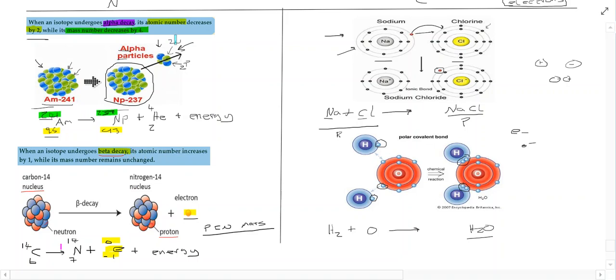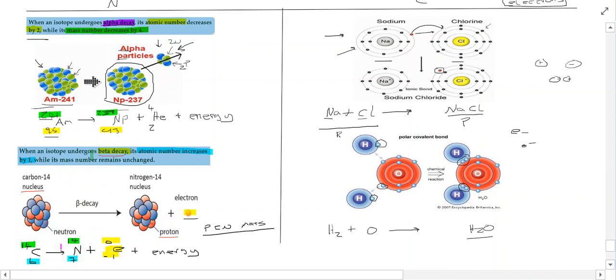So if we think of its atomic number, it starts off as 6 and then it increases to 7. So that's what we mean. Its atomic number increases by 1, while its mass number remains unchanged. So if we think about its mass number, you can see that it just remains the same, it stays as 14. And this is what's known as beta decay.